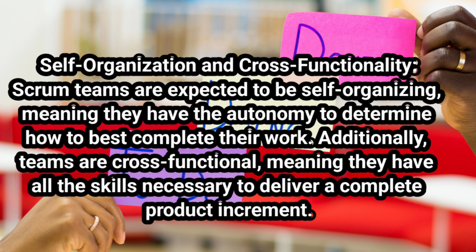Self-organization and cross-functionality. Scrum teams are expected to be self-organizing, meaning they have autonomy to determine how to best complete their work. Additionally, teams are cross-functional, meaning they have all the skills necessary to deliver a complete product increment.